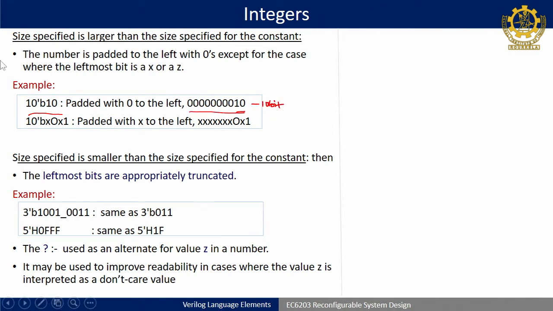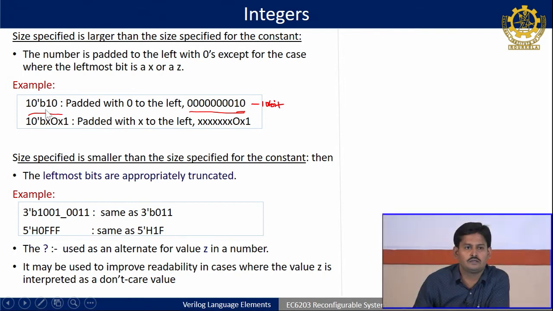So if your size specified is larger than the size of the constant, because here the constant size is 2 bit but the size specified is 10 bit, the number is padded to the left with zeros, except for the case where the leftmost bit is x or z. If the leftmost bit is 1 or 0, zeros will be padded.